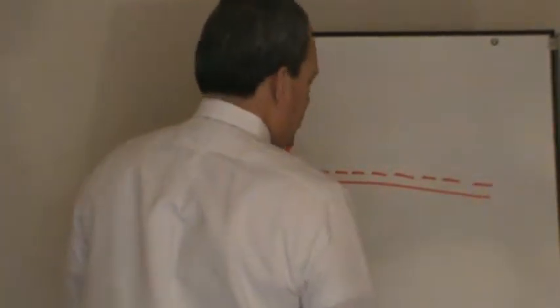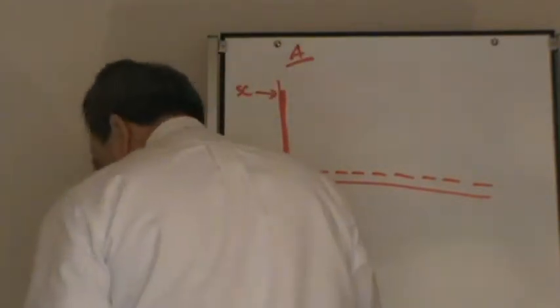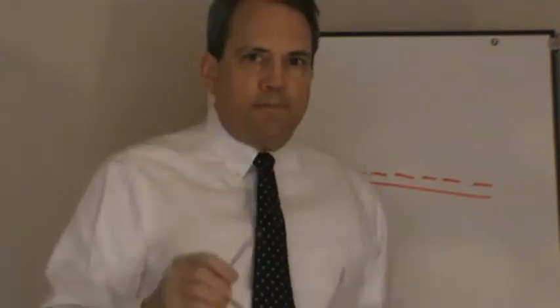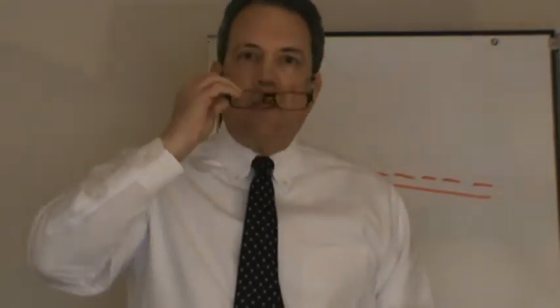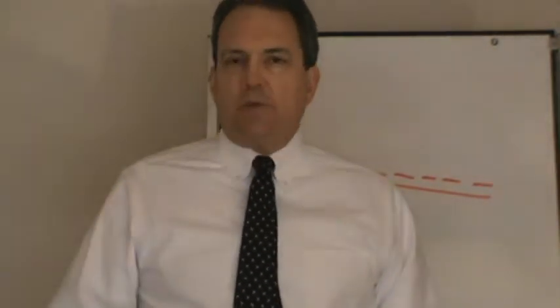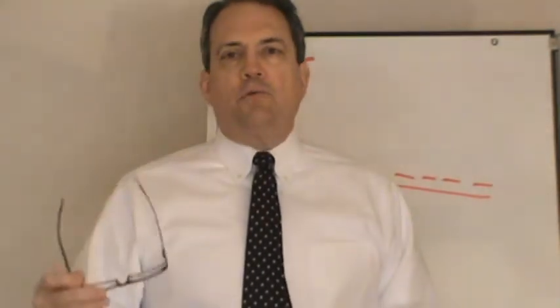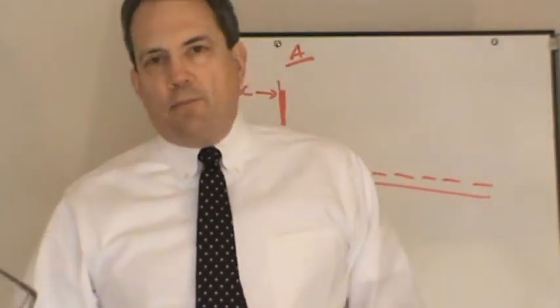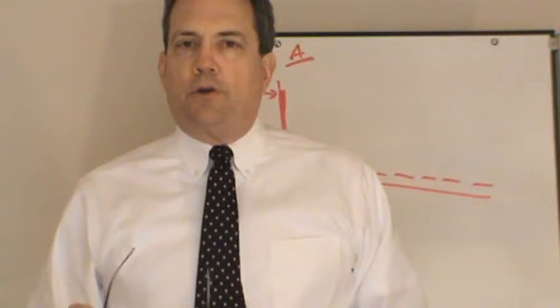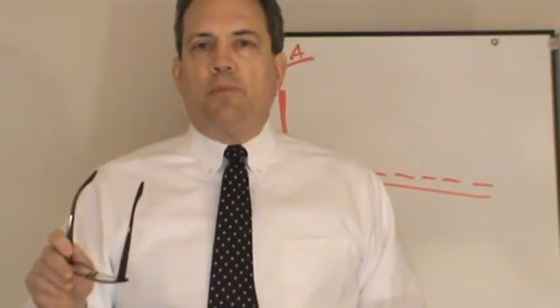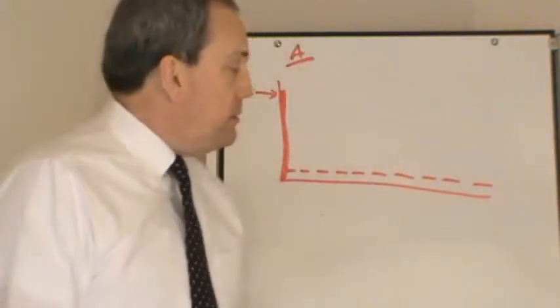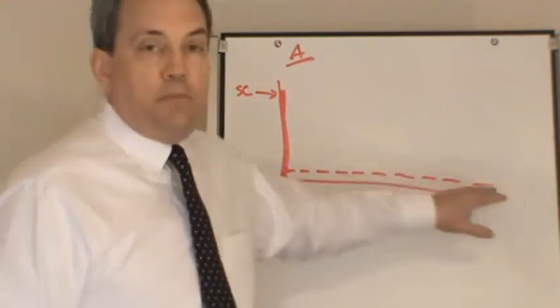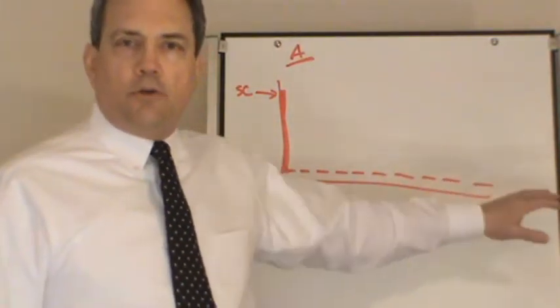You also have the ability to have break points in these things, where if you invest a certain amount, you'll pay the maximum sales charge, and then as you invest more and more, you reach break points, which reduces your sales charge. That's very important, because these A shares are actually the most efficient for a long-term basis.